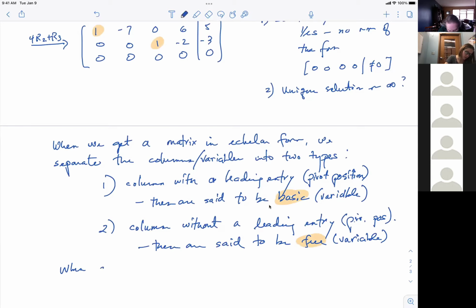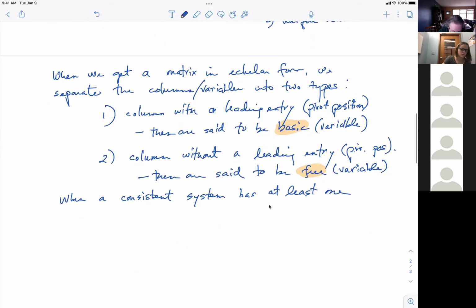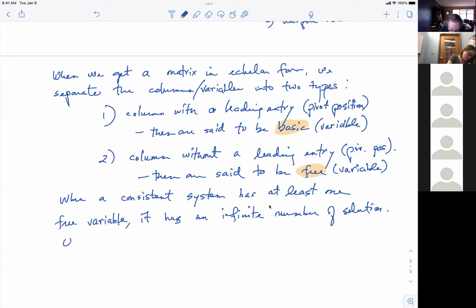When a consistent system has at least one free variable, it has an infinite number of solutions. Otherwise, a unique solution.